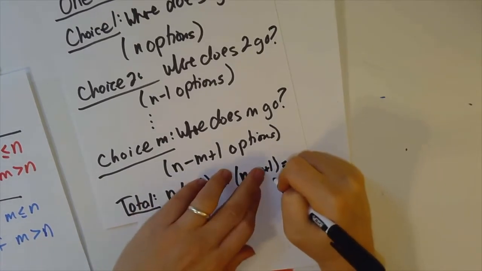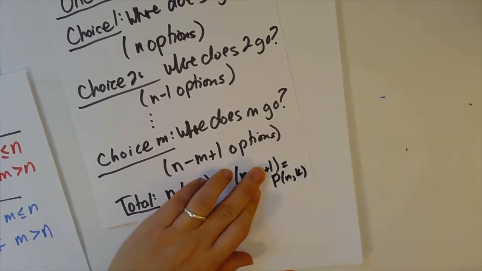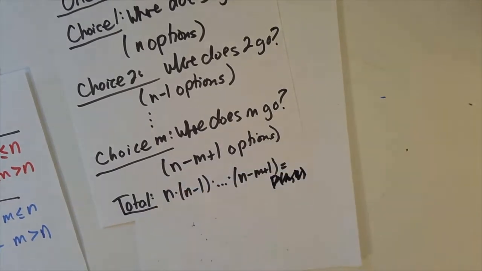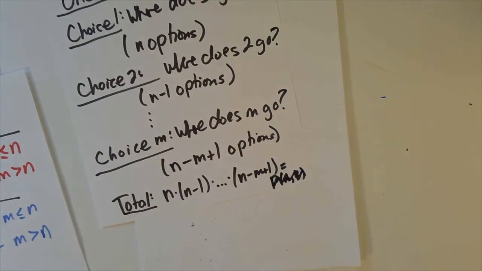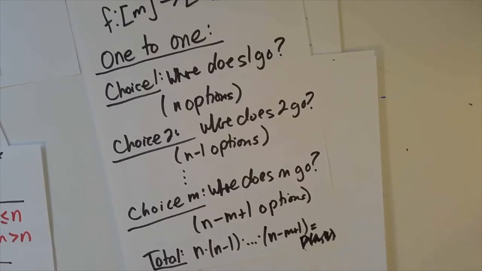Namely, this number is the big P number, big P of n m.